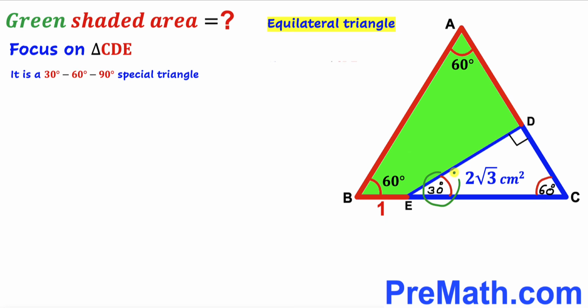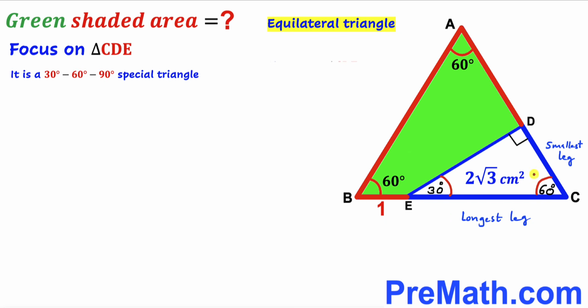Here 30 degrees is our smallest angle, and 90 degrees is our largest angle. The side opposite the smallest angle is our smallest leg, and the side opposite the largest angle is our longest side, also called the hypotenuse.